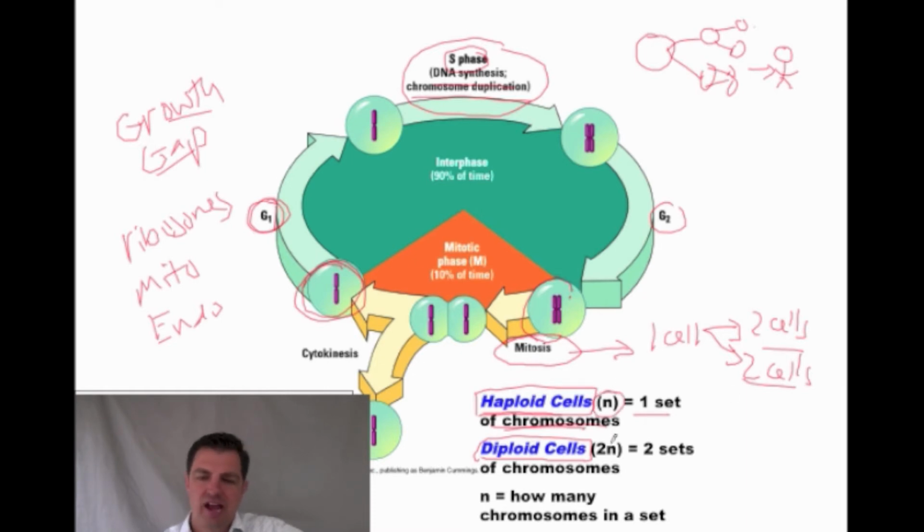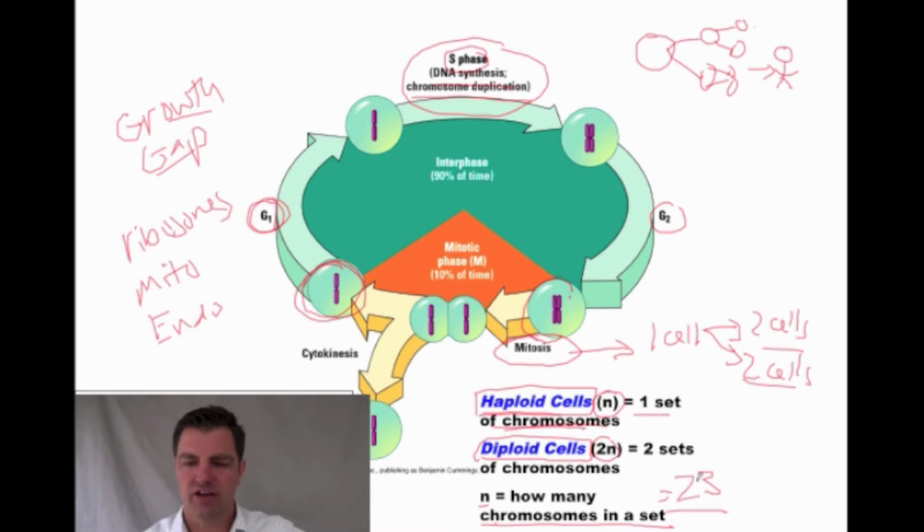Diploid cells have two sets of chromosomes, so we do 2 times N. N therefore stands for how many chromosomes are in a set. A human has 23 chromosomes in a set, for example. So a haploid cell, like a sperm or egg, would have 23, but a diploid cell, like on your skin or in your liver, would have 46.